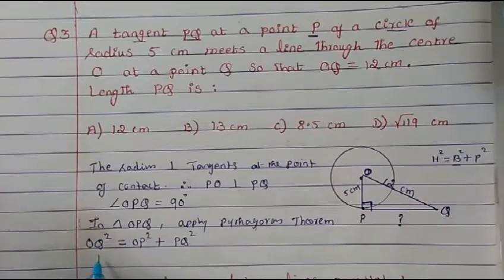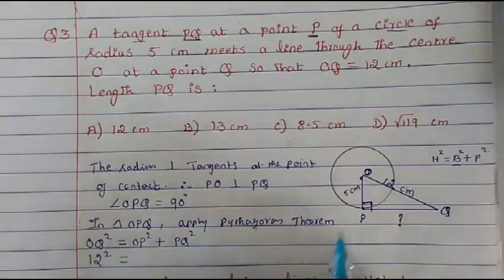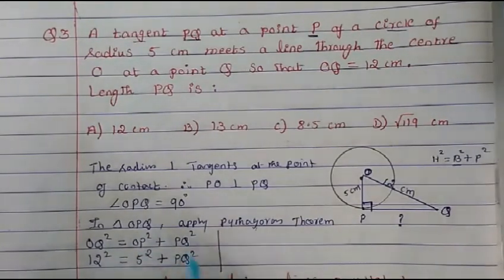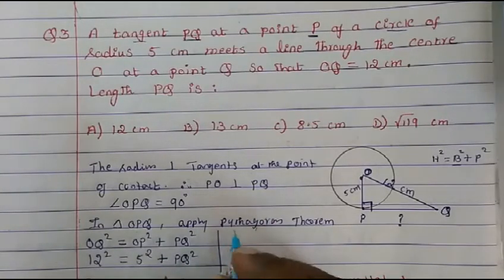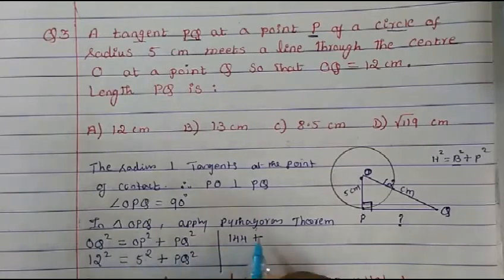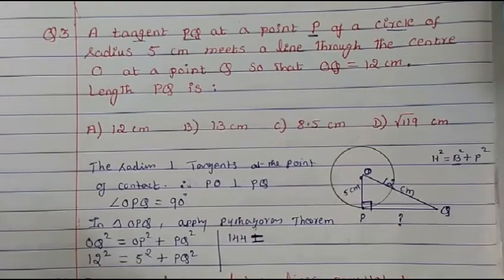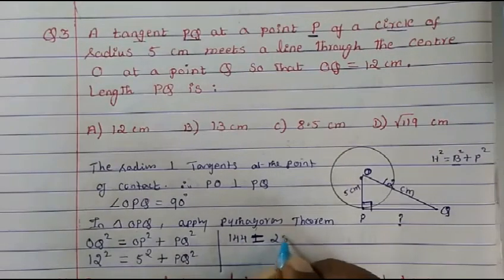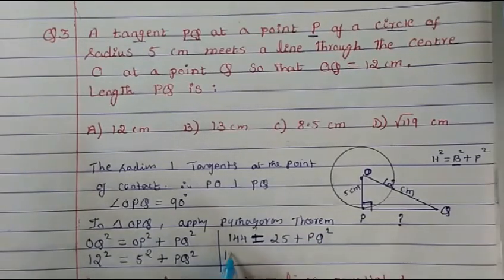Put the values here: 12 square equals OP is 5 square plus PQ square. Now 12 square is 144, and 5 square becomes 25 plus PQ square.